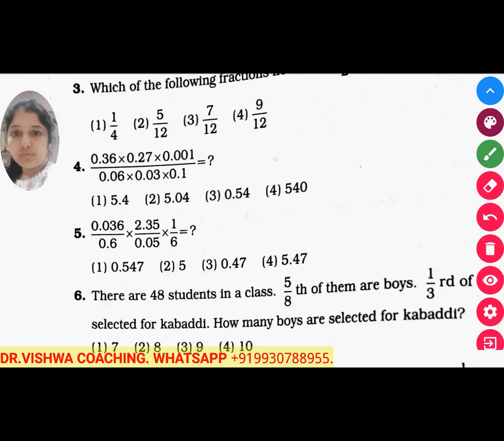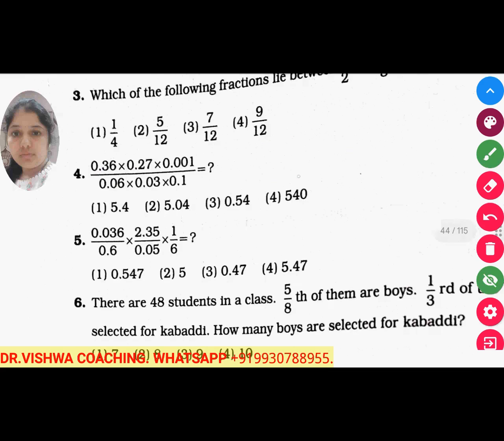Okay, so 0.36 is nothing but the 6 into 0.06, 9 into 0.03 and 1 into 0.01. 1, na? 0.001 हो गया ना वो.